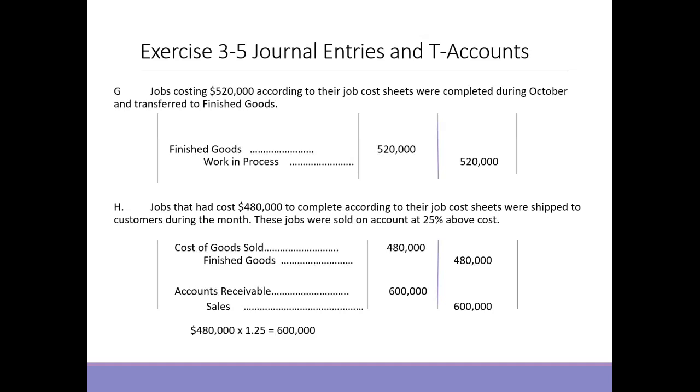And those jobs were sold on account at 25% above cost. So we take out of finished goods and transfer to cost of goods sold the cost of those. And then we show the accounts receivable debited, the sales credited of that cost plus 25%. Does that make sense? What we're doing here is seeing the flow of the goods. Okay?